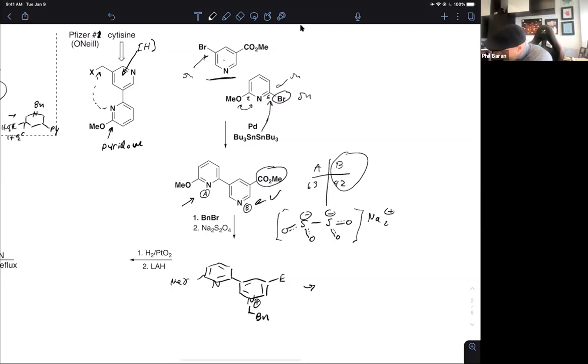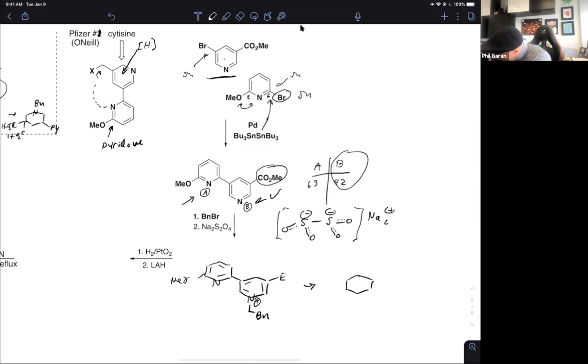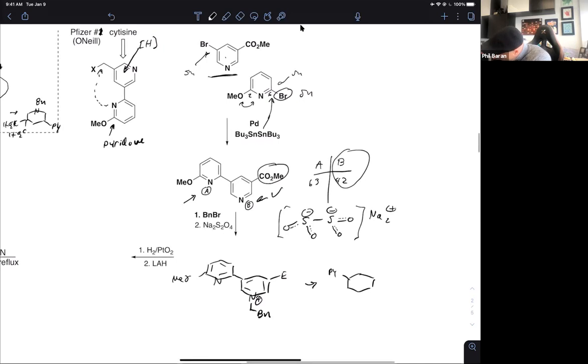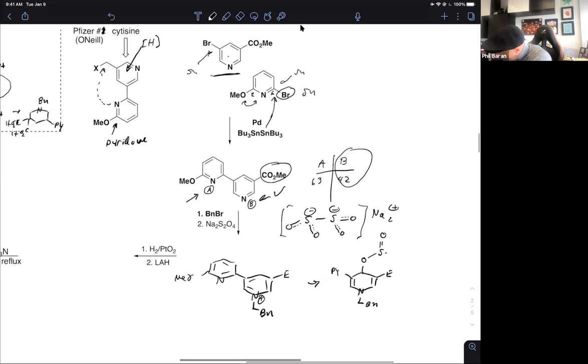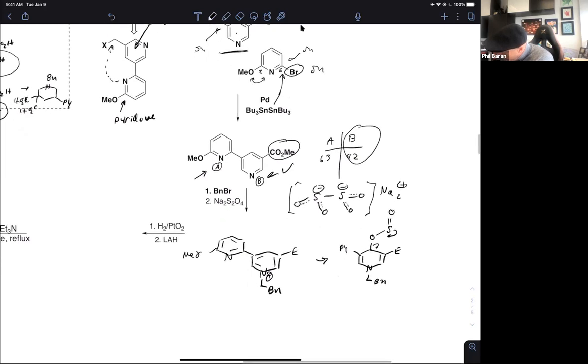And so you're going to generate this type of species, which then just gets protonated in situ to give you the dihydropyridine.